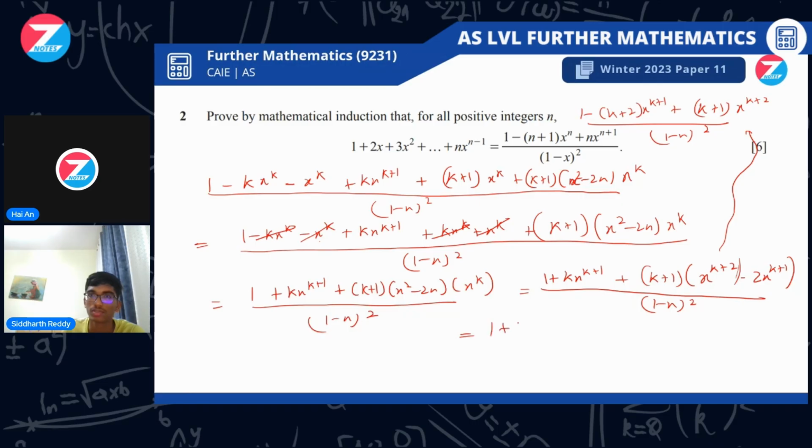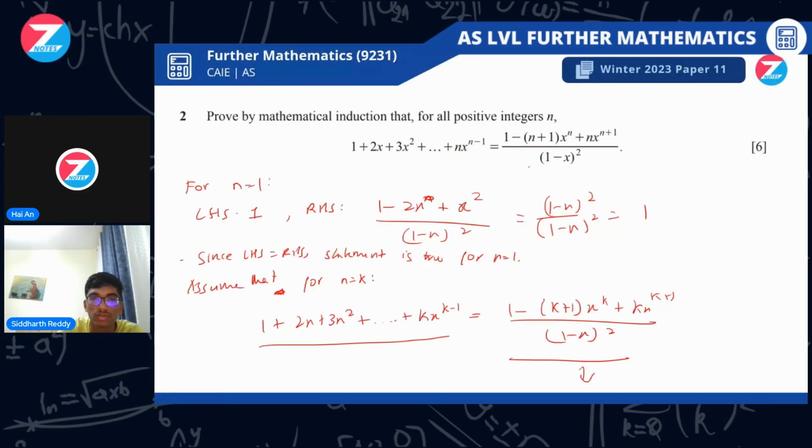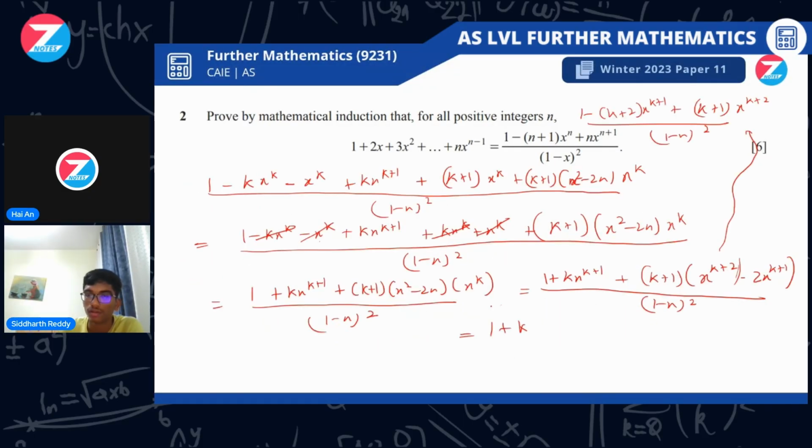That's going to be 1 plus, I think there was some minus sign error, but it's fine. So kx to the power k plus 1 plus (k plus 1) times x to the power k plus 2 minus (k plus 1) times 2x to the power k plus 1, all divided by (1 minus x) whole squared.